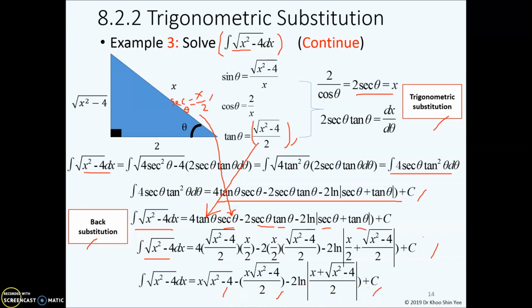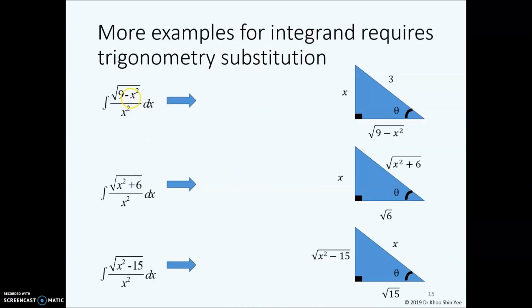In summary, for a problem that you cannot solve by using the normal substitution, if you found the term which has a square minus x square, or you found the term like x square plus a square, lastly here you have x square minus a square.